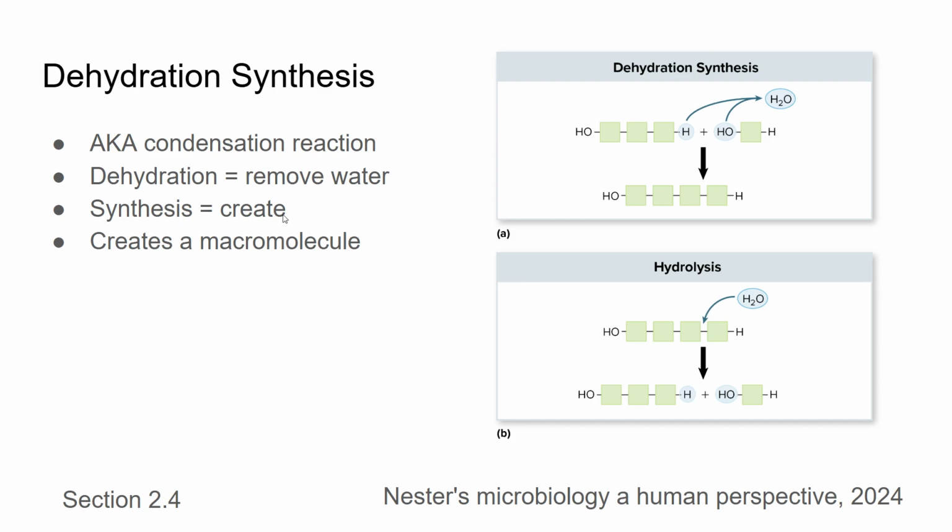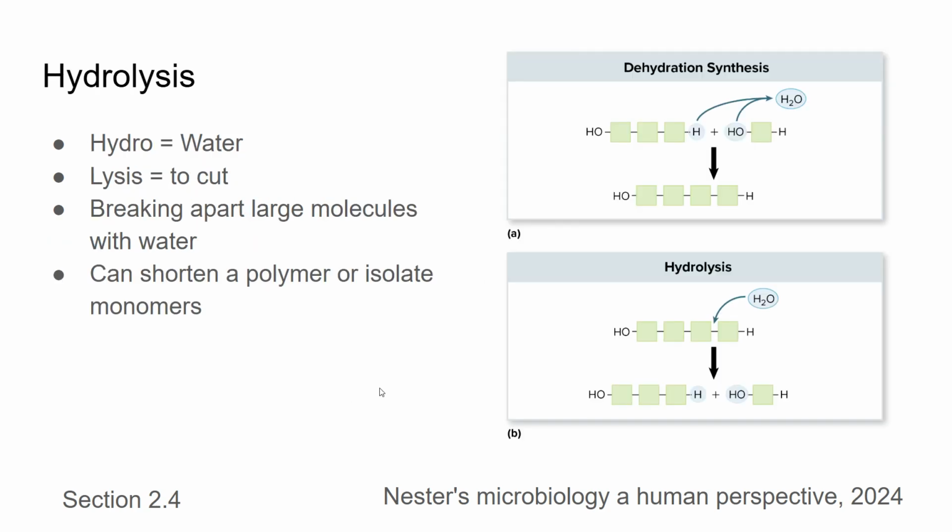So when we use dehydration synthesis, we're removing a water to create a macromolecule. And we can really see that over here, where we have our 2 different molecules, and we do a reaction to make the water come out. So we remove a water and synthesize a polymer. And the other name, condensation reaction, it's because a water is condensing out. So pick either one and learn it, but know that both terms can be used interchangeably.